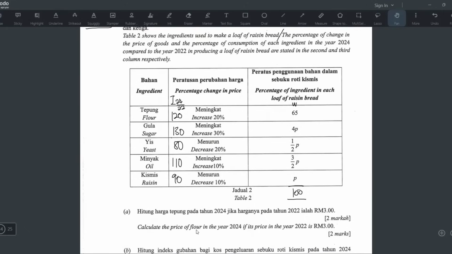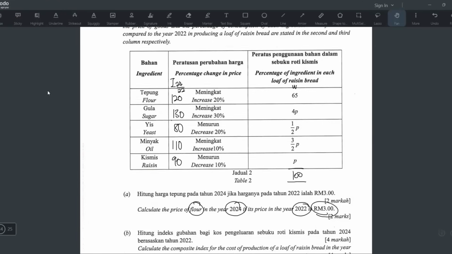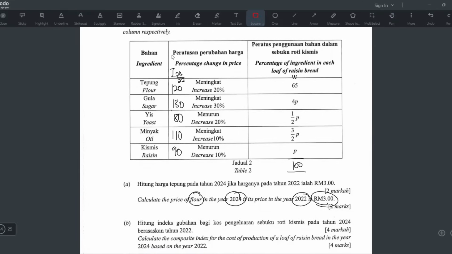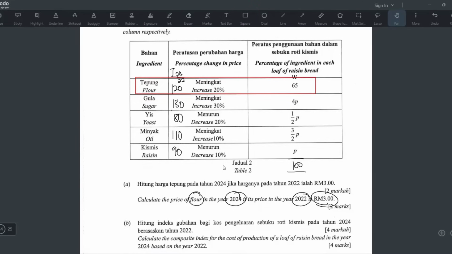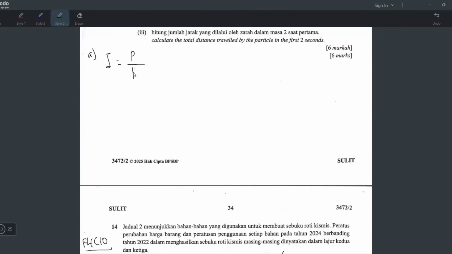Okay, A says calculate the price of flour in the year 2024 if the price in year 2022 is 3 ringgit. Alright, what you have to do is look at the flour column lah, because we're talking about flour. So they want to find the price in 2024 if the price in 2022 is 3 ringgit. When we are finding price, we will use the first formula you learn in this chapter, I equals P1 over P0 times 100.